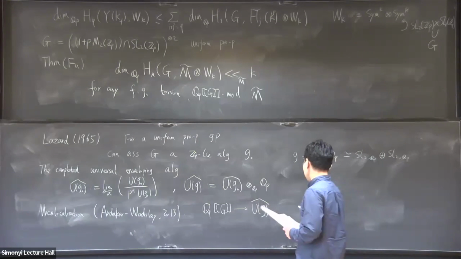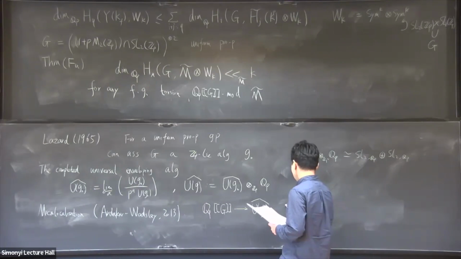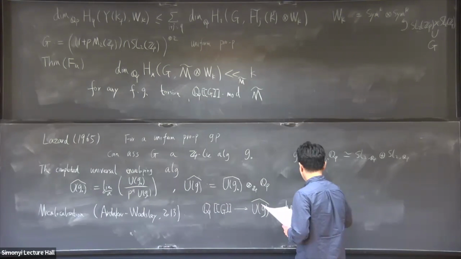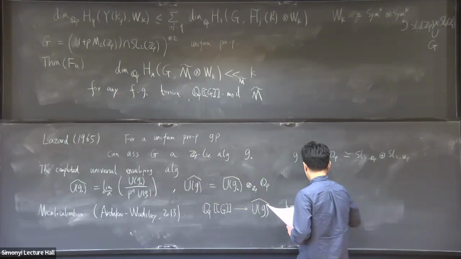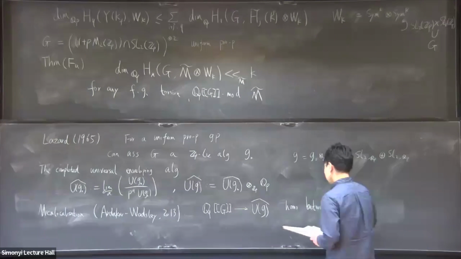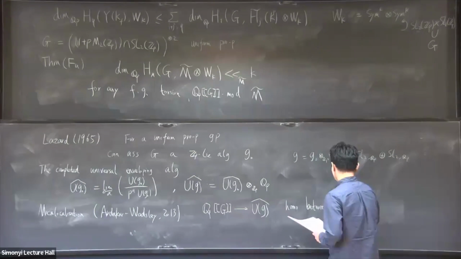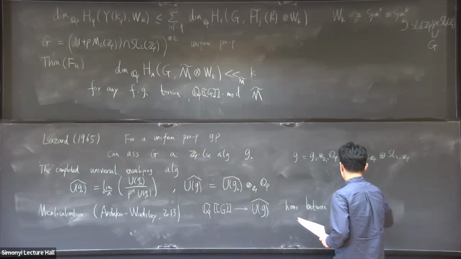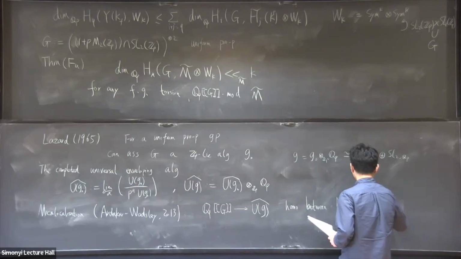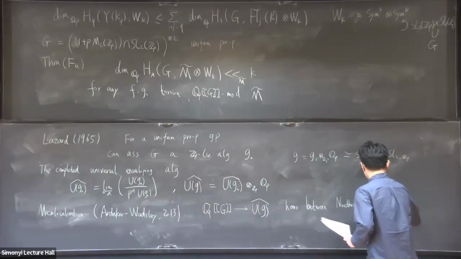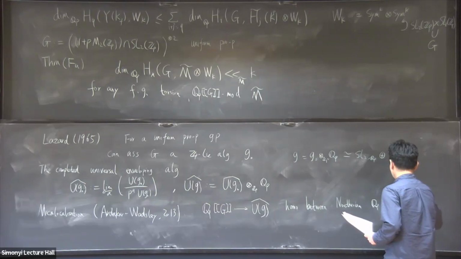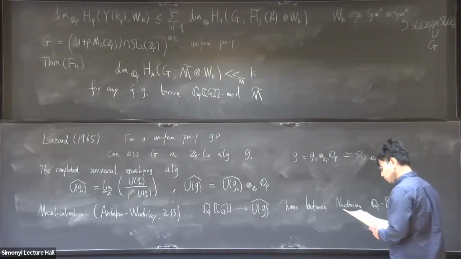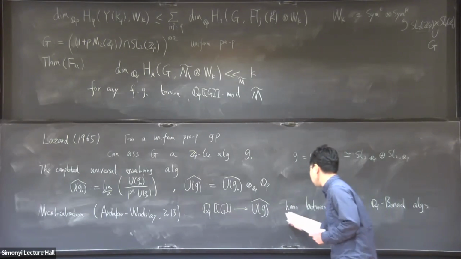Yes, it's an algebra homomorphism between Noetherian Q_p-Banach algebras, and it is flat.